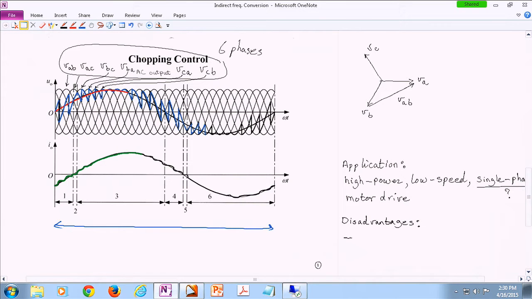Technically we use 6 switches, but switch realization could be more challenging. The other one is commutation between switches, and I'm going to explain it.